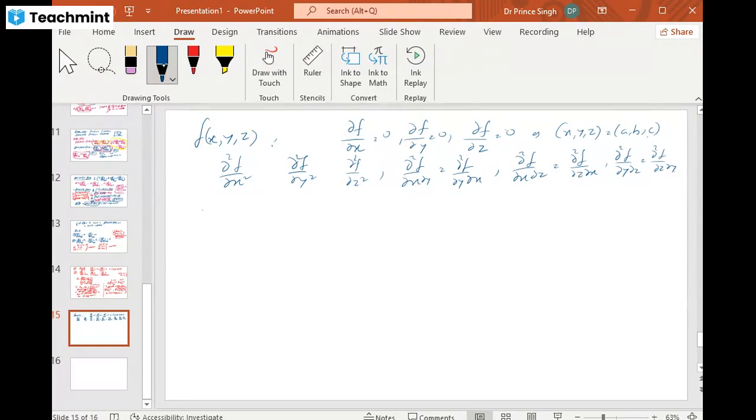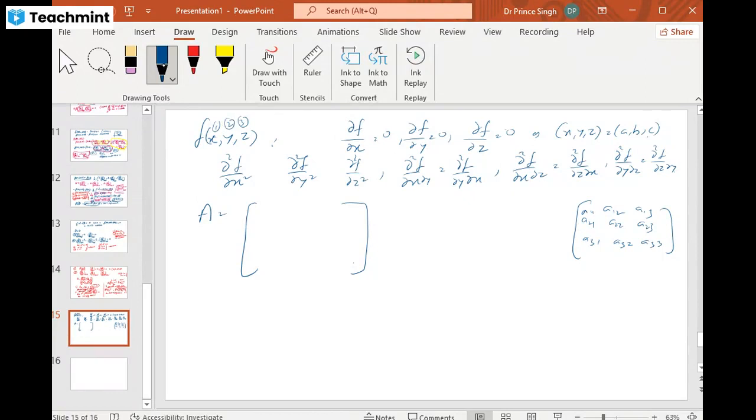And then we construct a matrix A. This time we have three variables, so we are going to construct a 3 cross 3 matrix. What kind of matrix? A11, A12, A13, A21, A22, A23, A31, A32, A33, right? So our first variable is x, second variable is y, third variable is z.